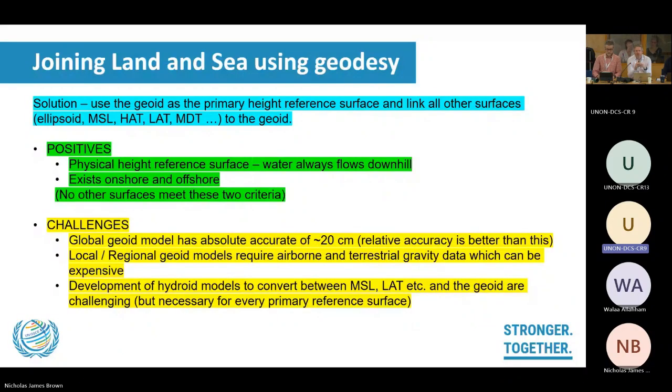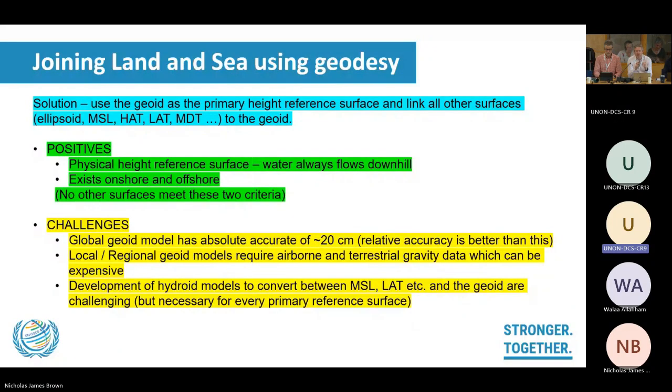The geoid model can then be used as a surface that you can link to many other surfaces. So you can create surfaces that go between the geoid and the ellipsoid, mean sea level, and then offshore datums like highest astronomical tide, lowest astronomical tide, which is often the chart datum for many of the ports, and things like mean dynamic topography.